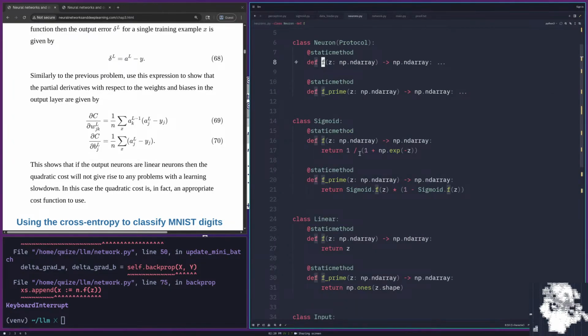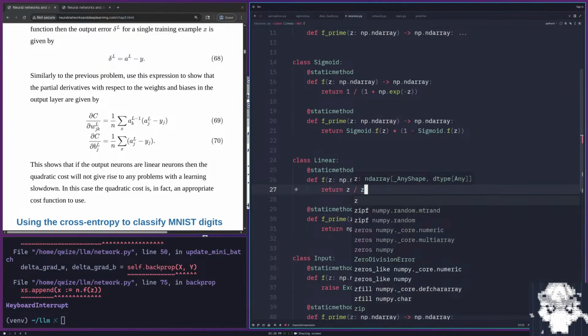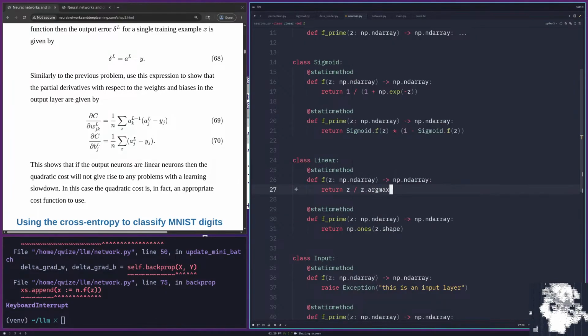What if I tried doing that? So instead of returning z, you returned z but scaled. Is there like a dot scale? No. Z divided by z dot argmax.